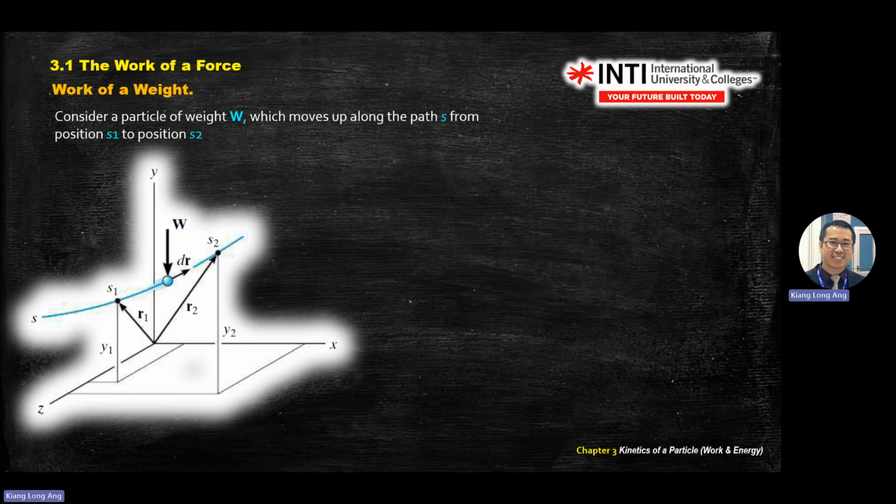But if the object moves like that, then it does work. This is a derivation in three-dimensional position. You just split your R, or position, into i, j, k, which is x, y, z. Then your W will be pointing down, so you split it into a vector that goes down, negative j.